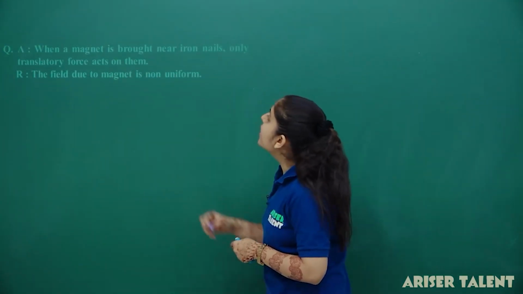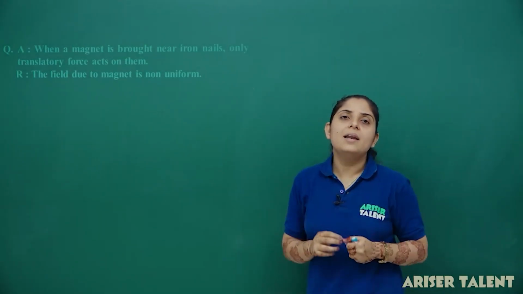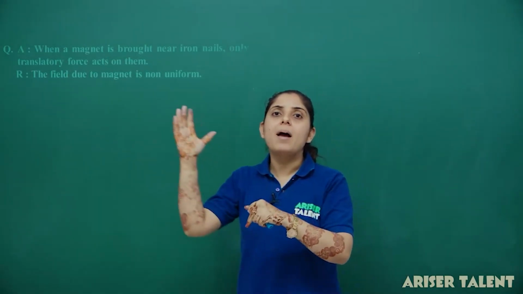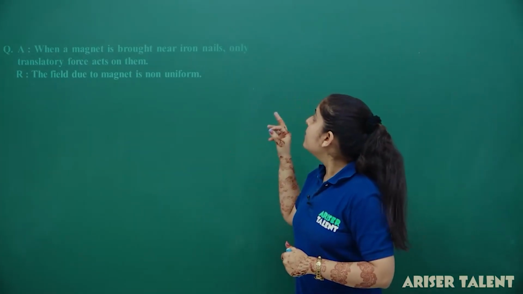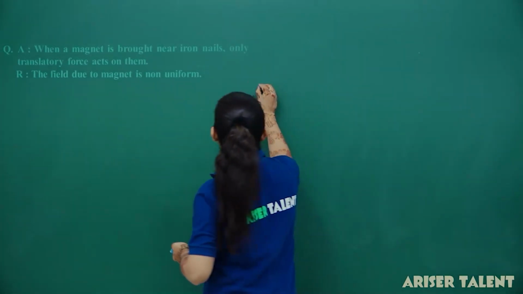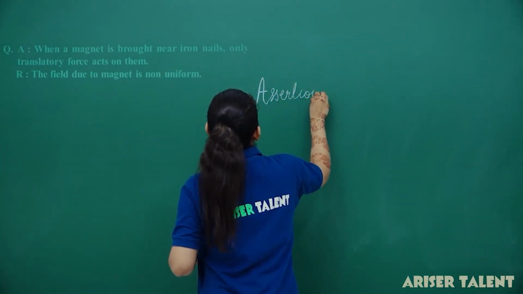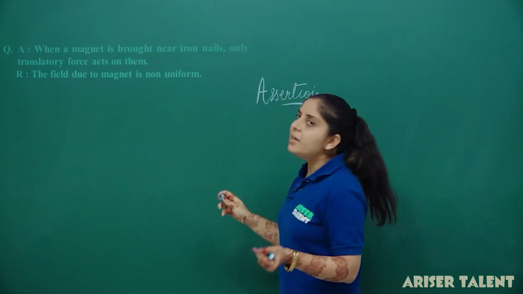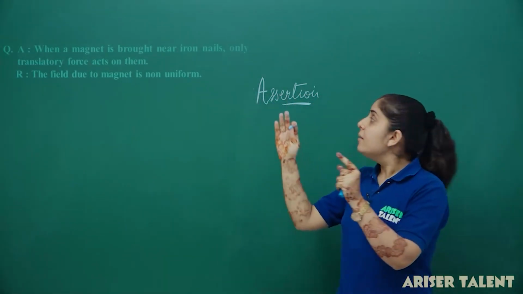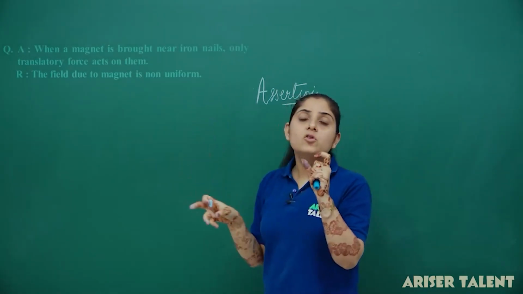The assertion given here is: when a magnet is brought near the iron nails, then only translatory force acts on them. The assertion is saying that when you bring a magnet near the iron nails, only the translatory force acts on them.